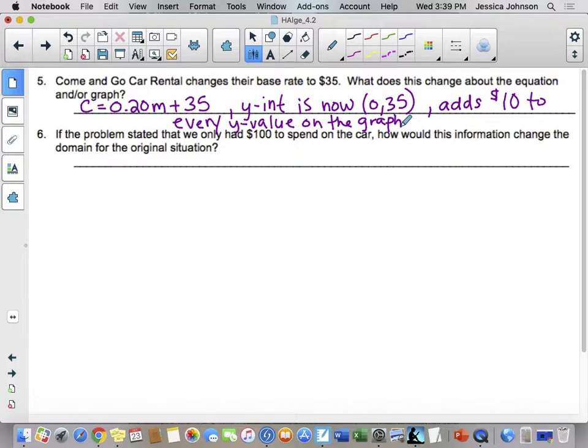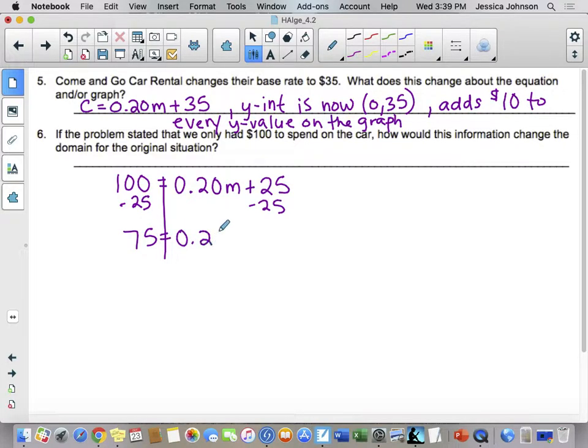So if my total cost C is 100, I'm going to substitute 100 in for C, and I'm going to solve for M. And it said for the original situation, so we just have the 25 back for our y-intercept. So I go to solve, I subtract 25, I get 75 equals 0.20 m, divide by 0.20.